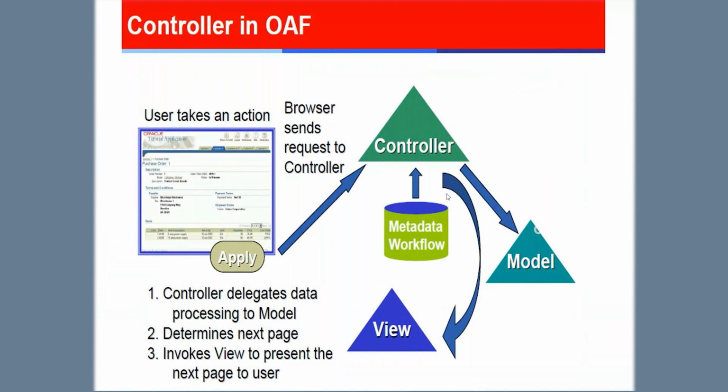The controller, as the name says, controls the browser. For example, if you are clicking on the apply button, out of all the BC4J business components, only the controller can understand the click of the apply button. Application module cannot understand, view object cannot understand, entity objects cannot understand.